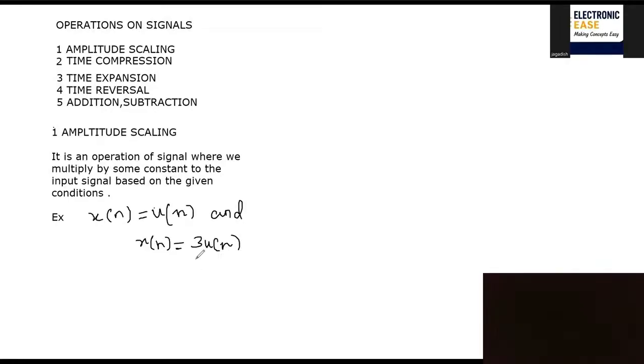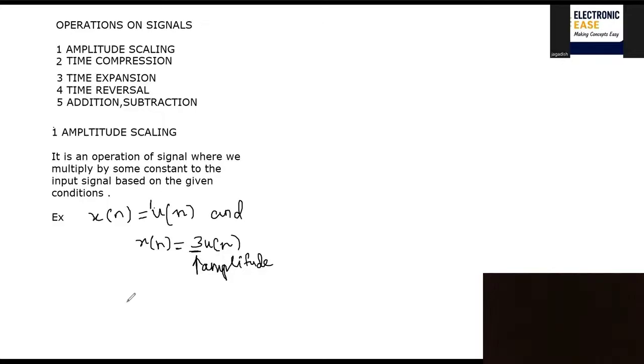So here, this 3 is the constant value, and this is called the amplitude. So this is u of n. So here the amplitude is 1.